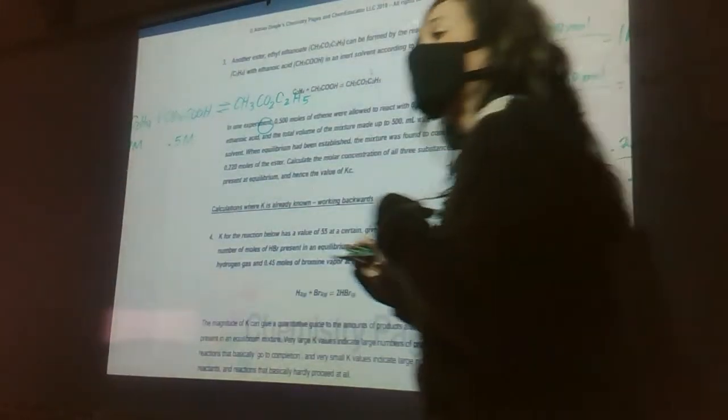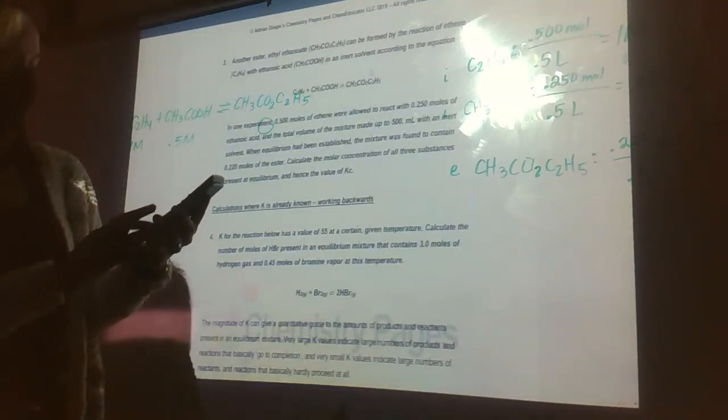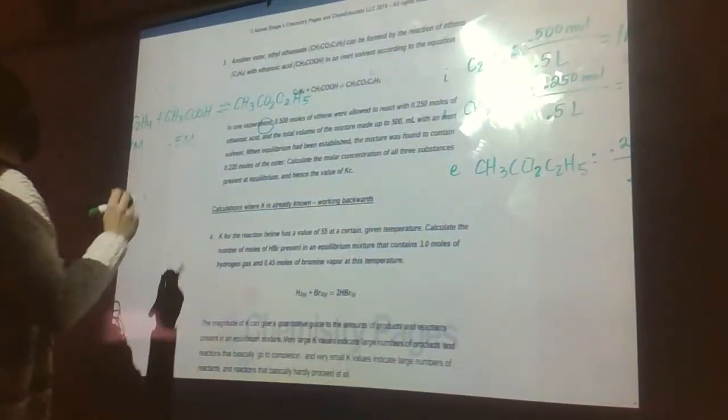Volume is conserved, 0.5 liters. Why isn't it 1 liter? Because it was diluted to a total of 500 milliliters. So that's 0.44 molar. That is my equilibrium amount of this.